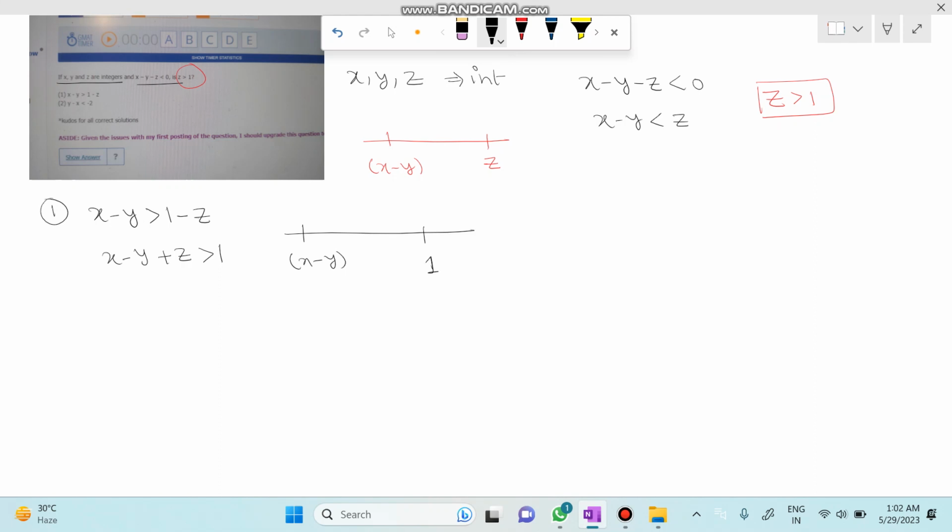So the first thing that should strike us is if x minus y itself is greater than 1, z will always be greater than 1 because z lies to the right of x minus y. So if x minus y itself is greater than 1, z is greater than 1. I think that's fairly straightforward.